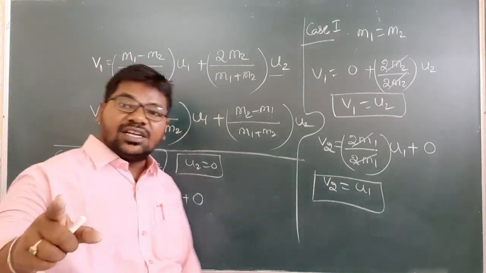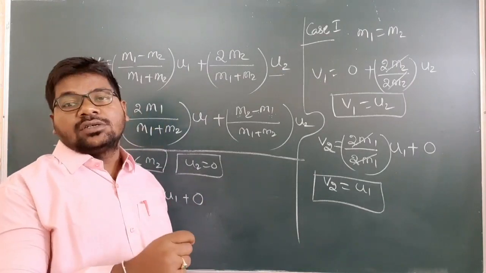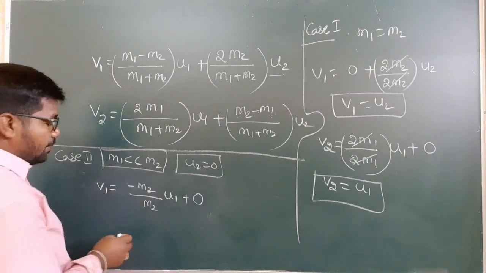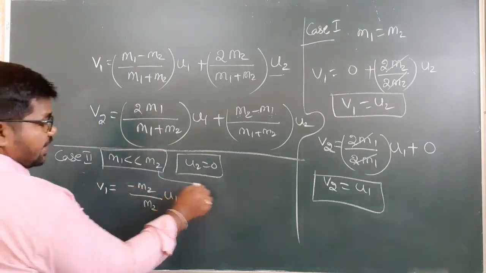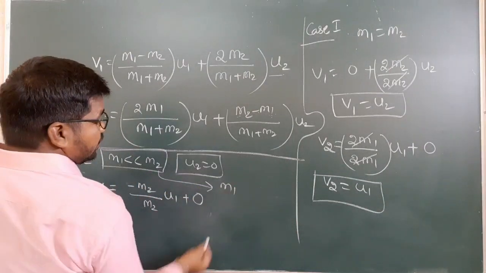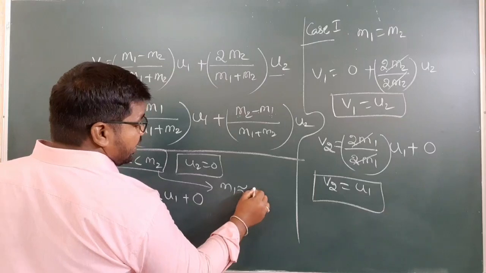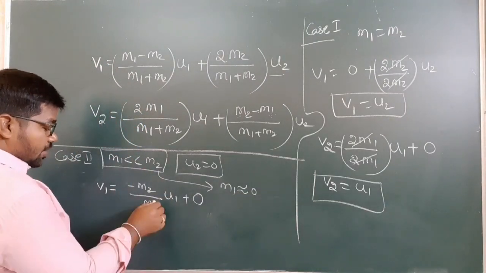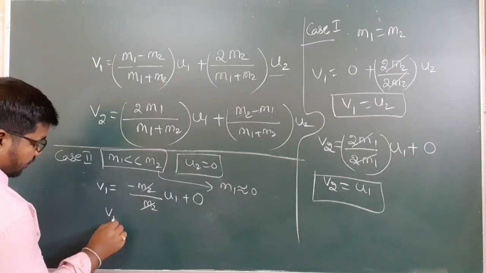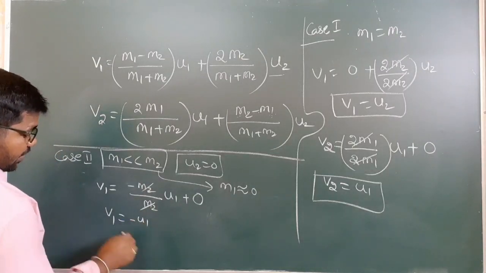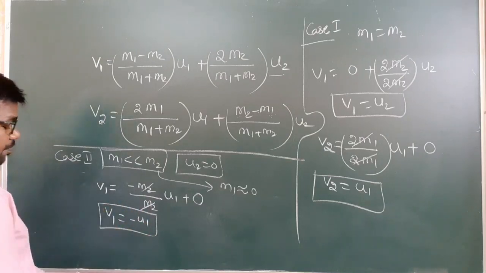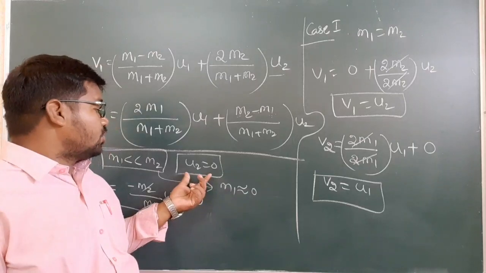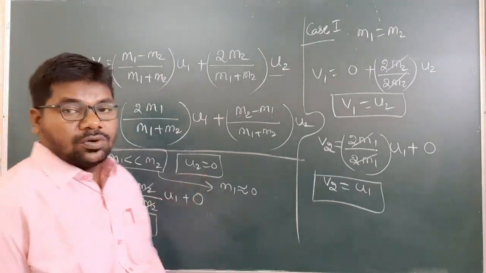Be careful, my dear children. Directly I can apply in this situation. Here in this case m1 is negligible, m1 is nearly equal to 0 because m1 is very less than m2. m2 gets cancelled. v1 is equal to minus u1, because u2 value is 0.